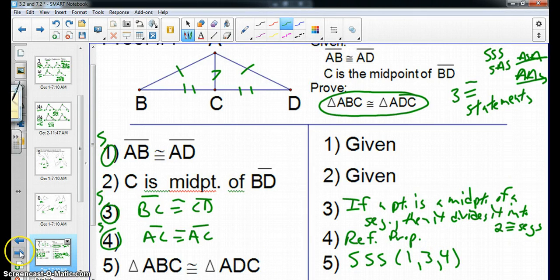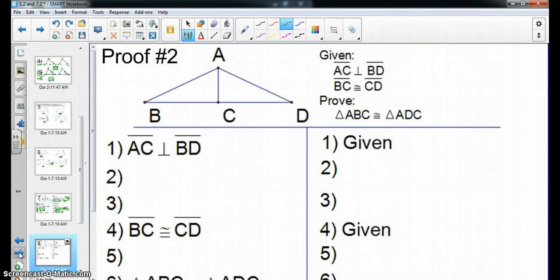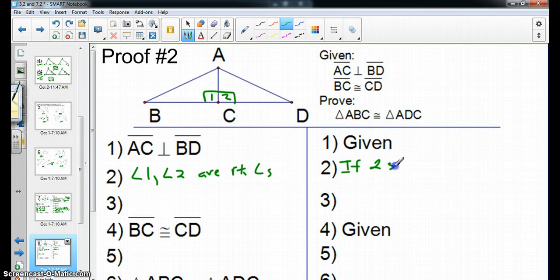Moving on to our next example, we have AC is perpendicular to BD. I'm going to go ahead and label those angles as 1 and 2, and they would be right angles. Therefore, we'd have angle 1 and angle 2 are right angles, if two segments are perpendicular, then they form right angles.